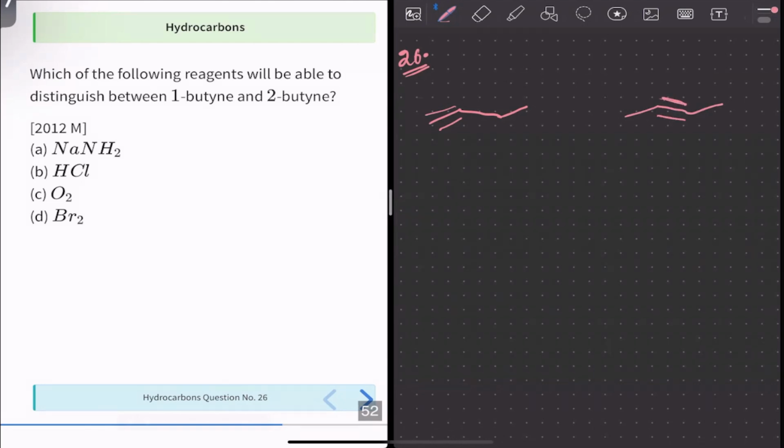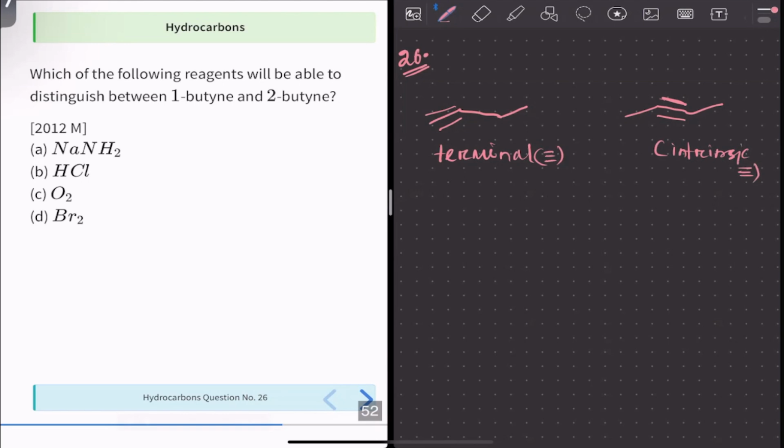What is the difference between these two compounds? That is the position of the triple bond. In one there is a terminal triple bond, and here it is an internal triple bond.